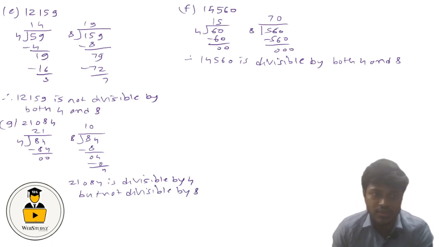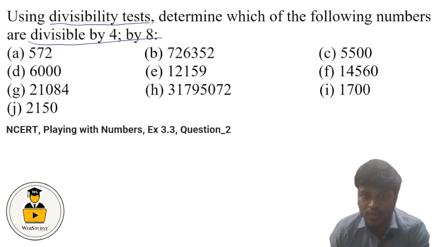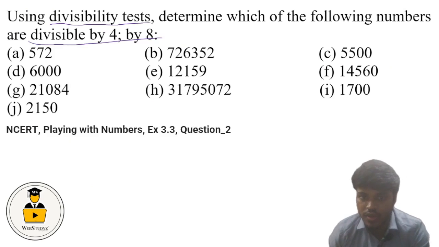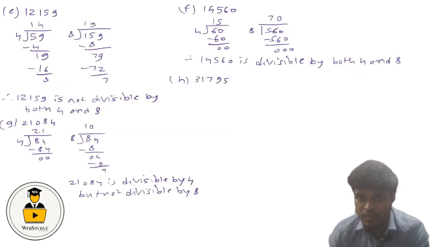Now let us consider the next. So we have 3179, 5072. So for 4 we will consider the last two digits, so it will be 72, 18 fours are 72, so it is divisible by 4.